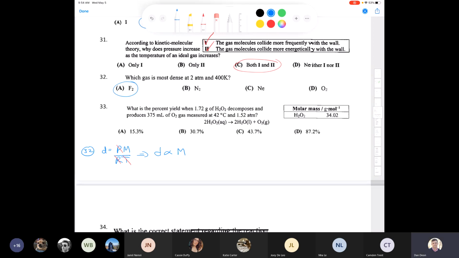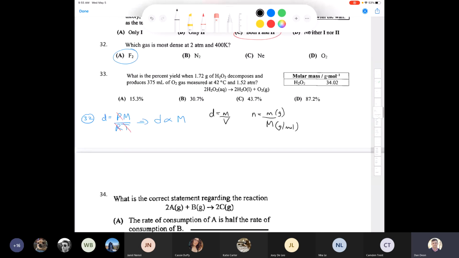Right now, if you don't remember how to derive this formula, the density is equal to pressure times molar mass divided by RT. I went over a derivation of that in General Chemistry 1, where you have density is equal to mass over volume, right? And then you solve for number of moles as being equal to mass divided by molar mass, the way I should have put it, because you have mass in grams and then you have molar mass in grams per mole, right? So that gives you moles.